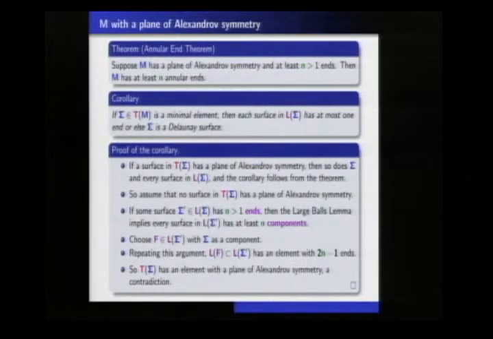But the corollary is that if you have a minimal element, then each surface in here has at most one end, or else it's a Delaunay surface. Why is that? I'm forgetting now, but that's a corollary of this. It's a minimal element. Oh, right, each surface in this has at most one end.